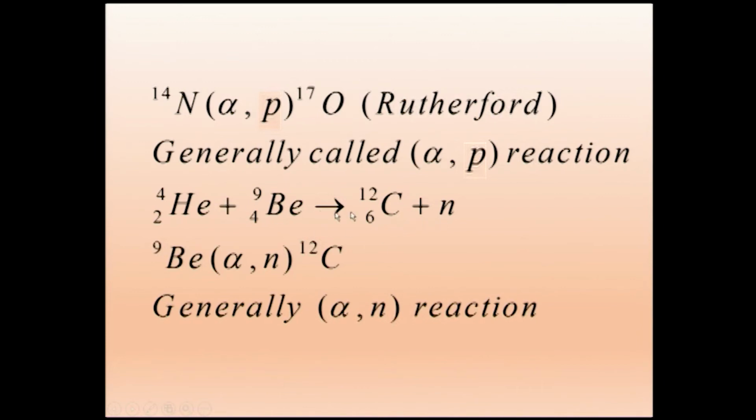So, this equation is valid. The incident particle is alpha, the outgoing particle is a neutron. So, we can write it as beryllium, alpha n, carbon 12 reaction, or generally we can call it an alpha n reaction. This is a general term where the target can be different and the product nucleus will be different.